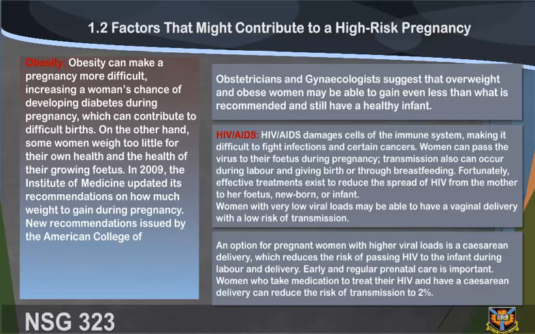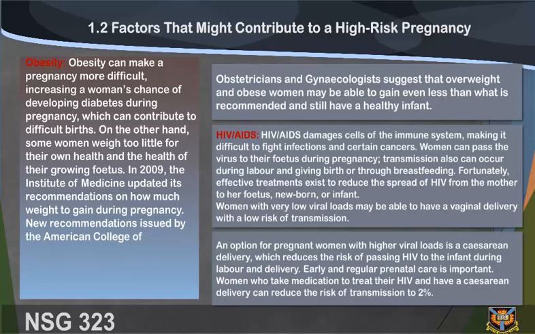In 2009, the Institute of Medicine updated its recommendations on how much weight to gain during pregnancy. New recommendations issued by the American College of Obstetricians and Gynecologists suggest that overweight and obese women may be able to gain even less than what is recommended and still have a healthy infant.